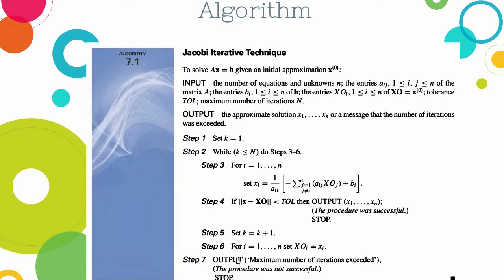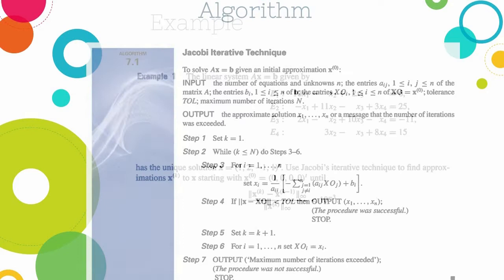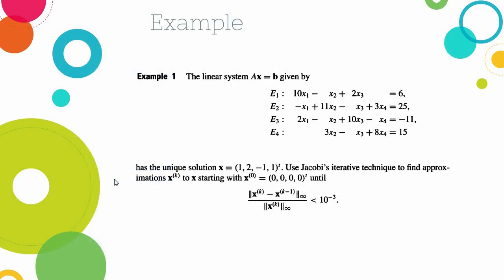Step 7, output. If k equals n plus 1, that means our method has failed. Otherwise, it is successful. Here I'm going to use an example to illustrate programming the Jacobi method in Python to solve a linear system.